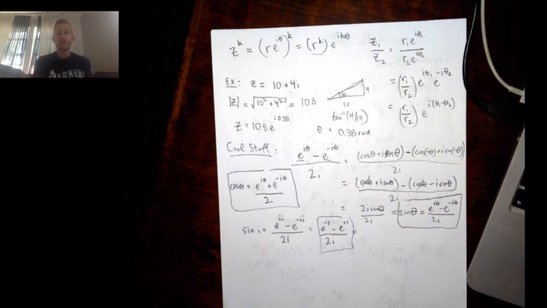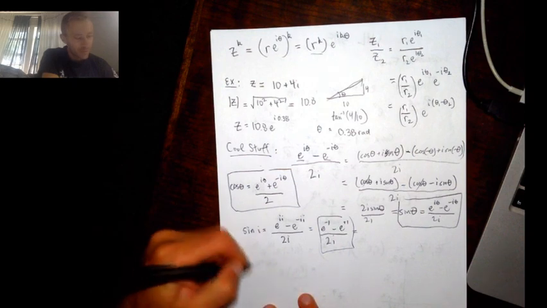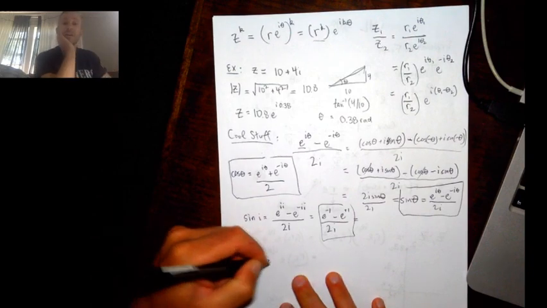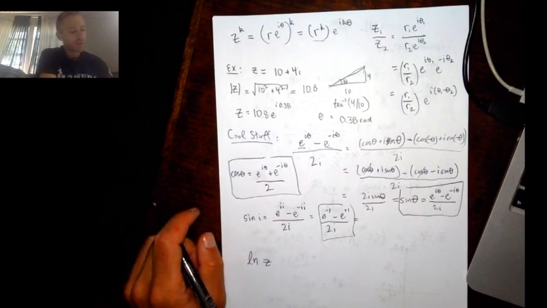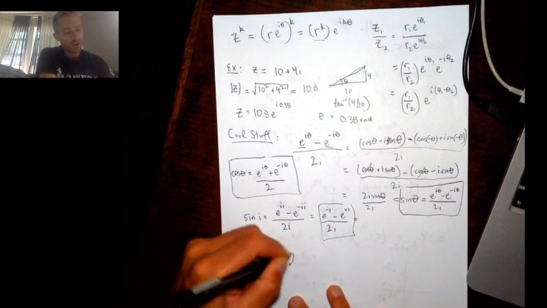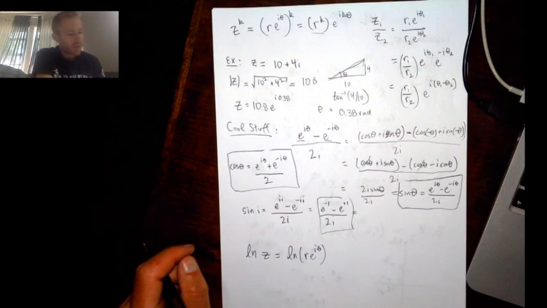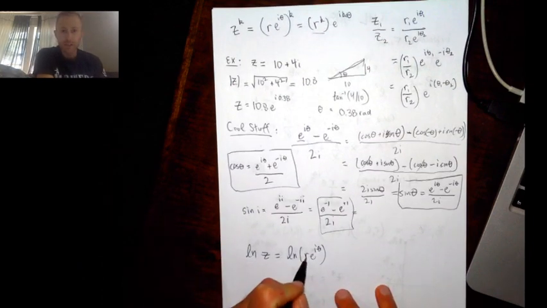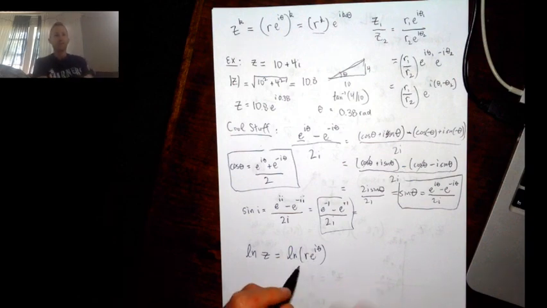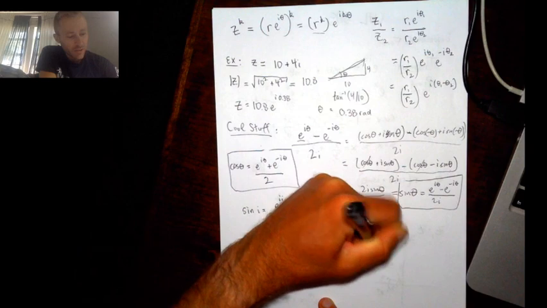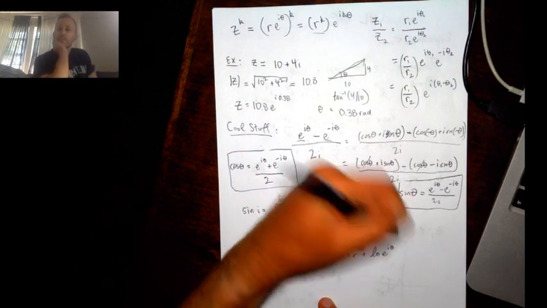You could even define things like logarithms of complex numbers. So what if I wanted to know, what is the natural log of z? Well, that would be the natural log of r e to the i theta. Now, these are two things multiplied together, and when we take the log of things multiplied together, they add. So this is natural log of r plus natural log of e to the i theta.